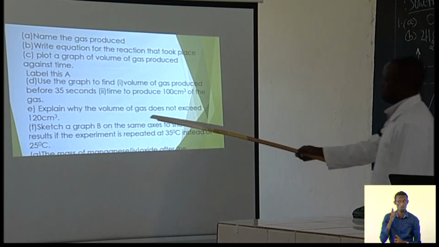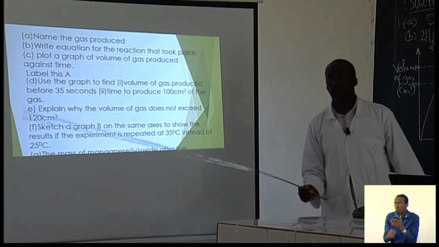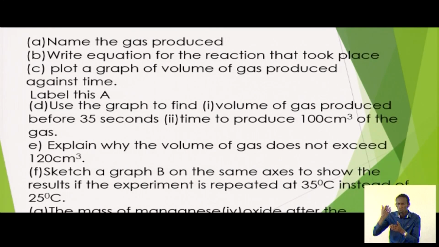Explain why the volume of gas does not exceed 120. If you move along this line here, this is the maximum, and I'm assuming this is 120 cubic centimeters. We're asking why it doesn't exceed 120.